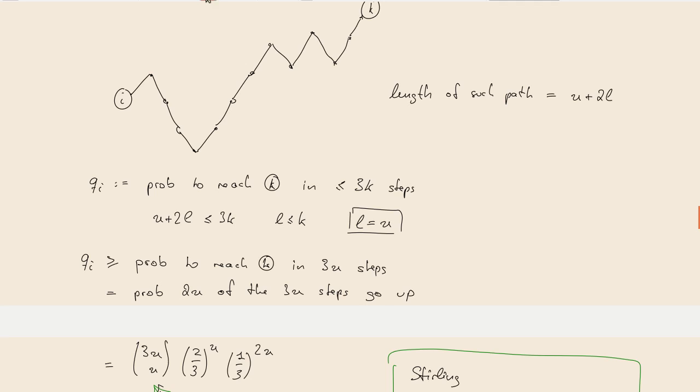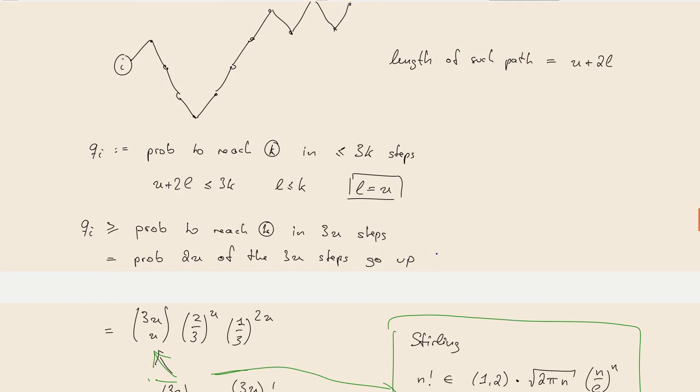So I think there's a step here. We should add the probability that the path is really of this length. Otherwise, this is just the conditional probability. Given that the path has the length 3u, then the probability to have so many steps up or down is like this, and everything else follows.